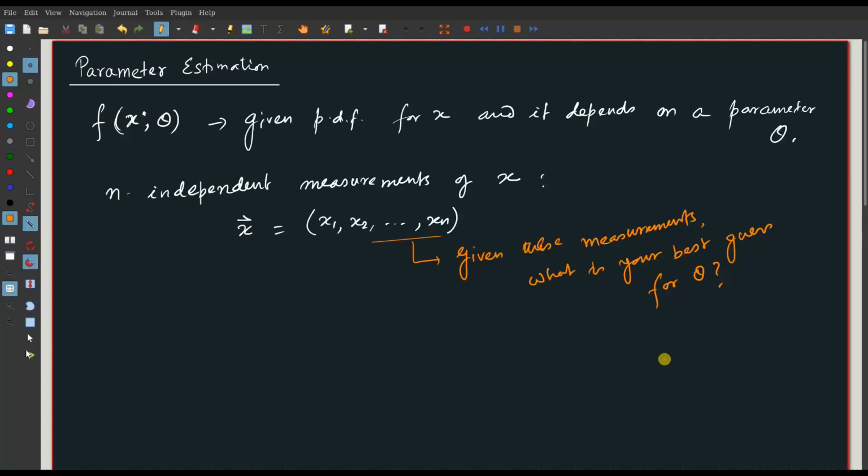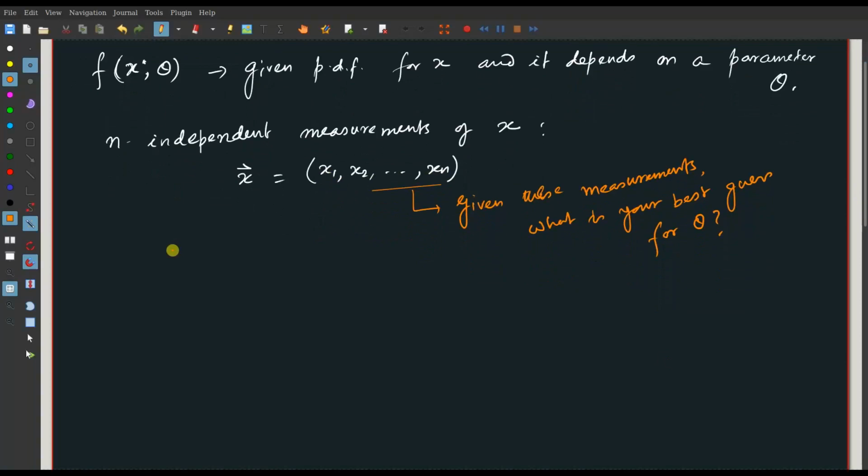Okay, so far this should be clear. So what you are trying then, in a sense, is that given these values, x1, x2 up to xn, you say that the estimate of theta, that you usually denote by theta hat, can in general depend on these, because these are the actual numbers that you have measured.